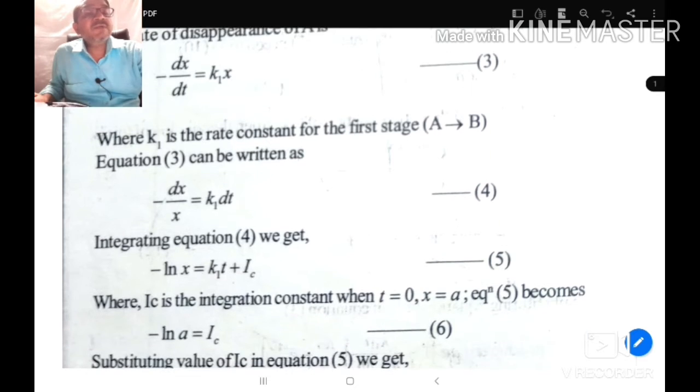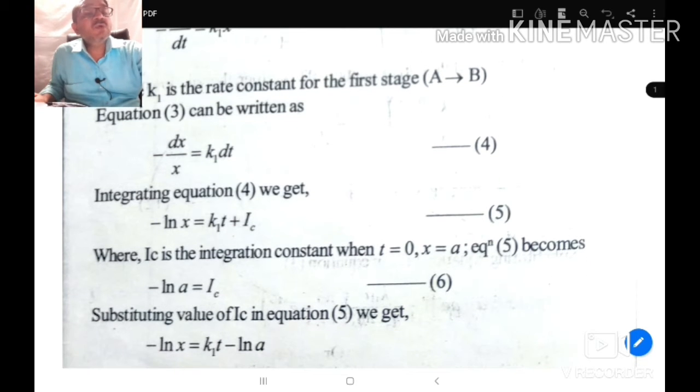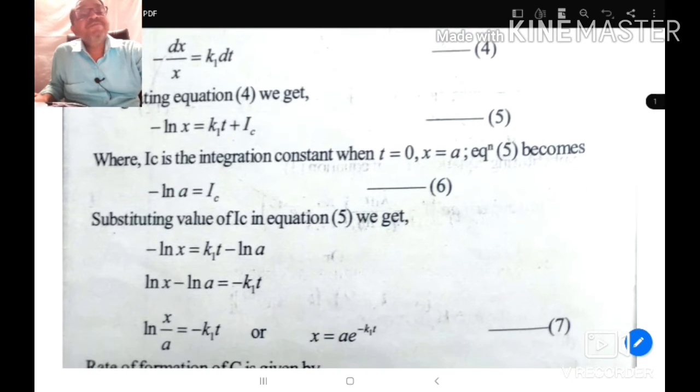Label this as equation 4. Integrating equation 4, we get minus log x is equal to k1t plus IC, where IC is the integration constant. When time is equal to 0, x is equal to a. So equation 5 becomes minus log a is equal to IC.